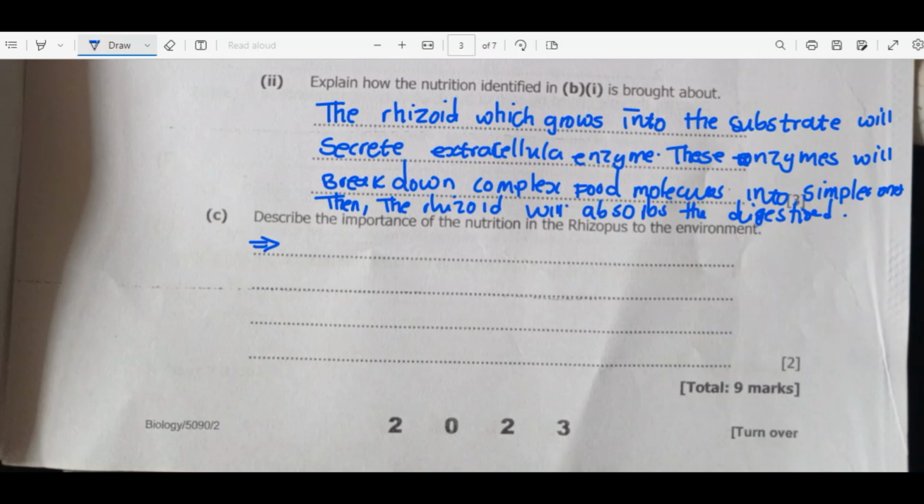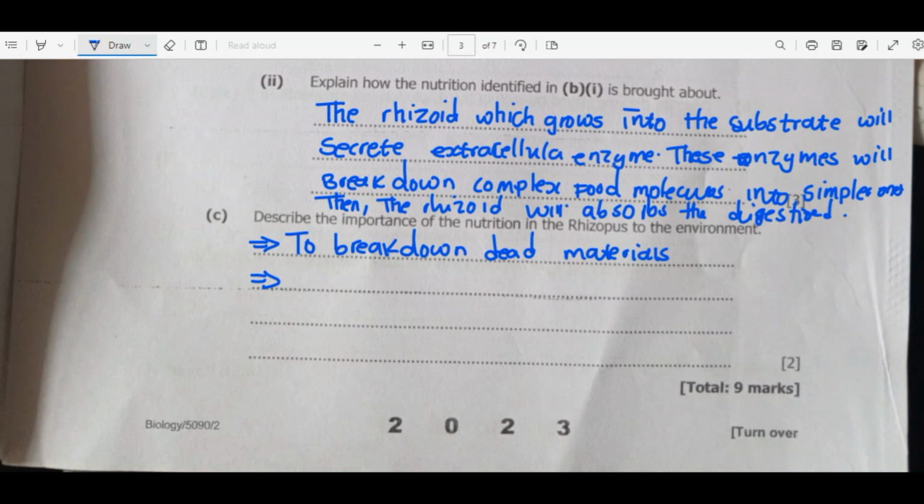The first point that I would give is that the rhizopus helps to break down dead materials to avoid their accumulation.